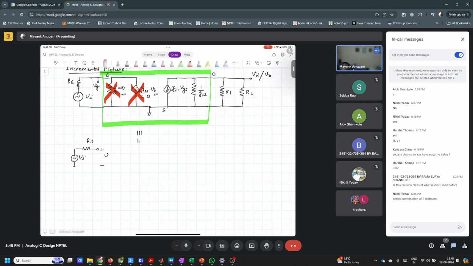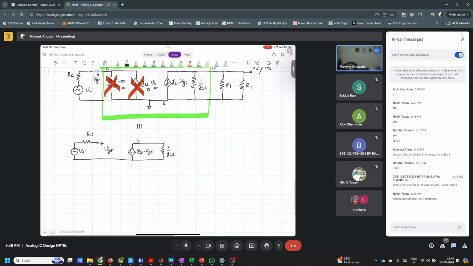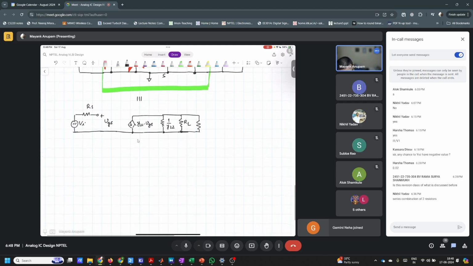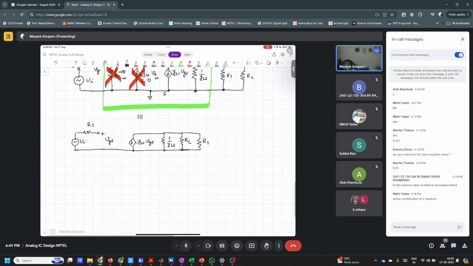This is VGS. Y21 times VGS. This is 1 over Y22. This is RL, and this is R1. Fine.